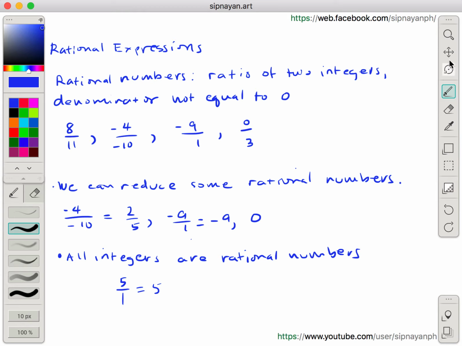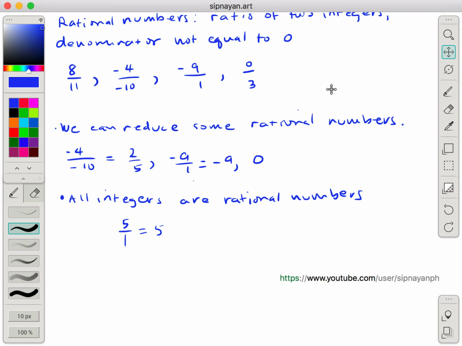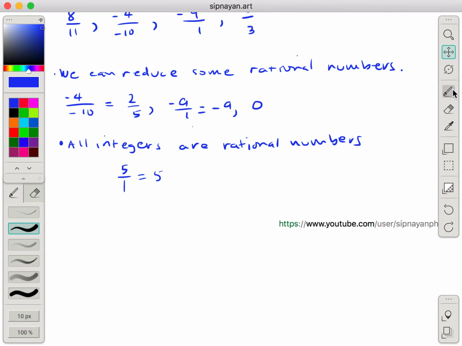Now, ano naman yung rational expressions? Pag sinabi naman natin rational expressions, meron naman tayong ratio of two polynomials.